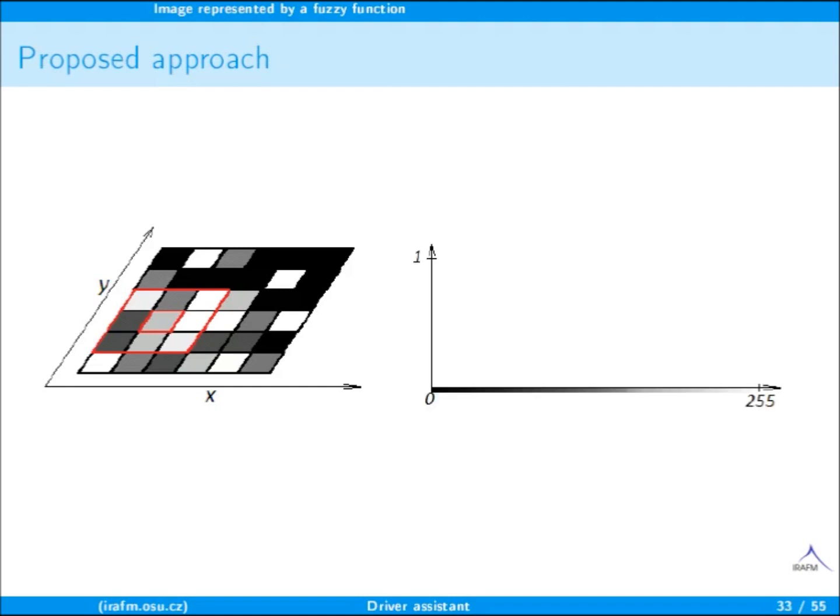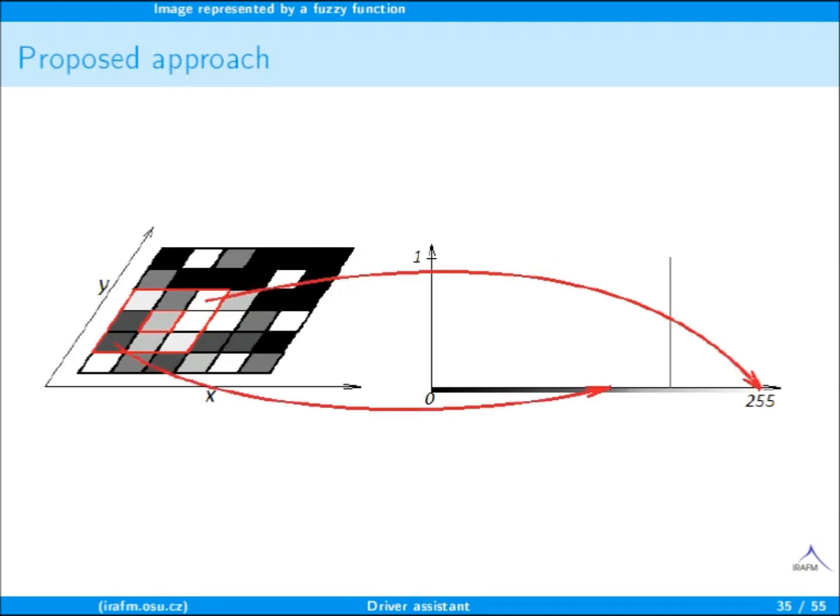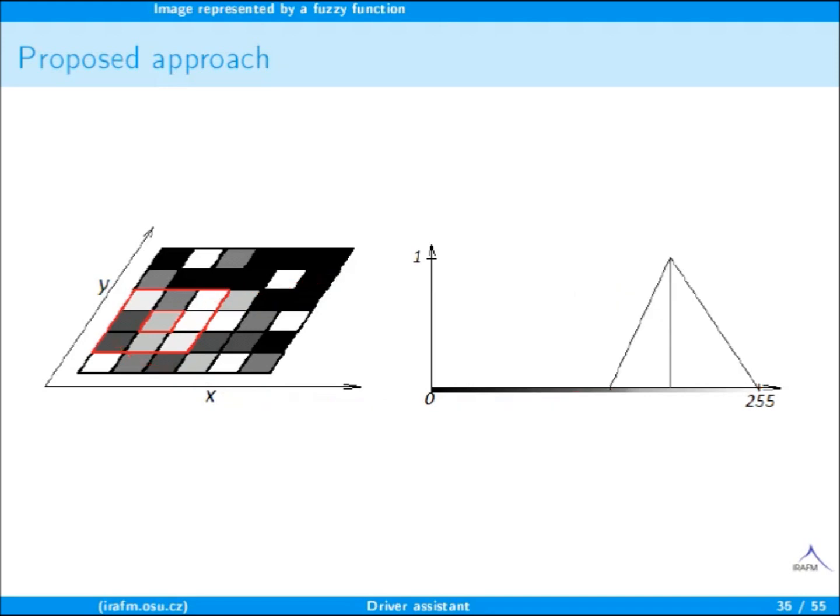Now we will construct the fuzzy set. Because we are processing the delta neighborhood for the center pixel, the pixel value has the maximum membership degree, 1. We then search for the minimum and the maximum pixel value and use them as the left and the right border of the fuzzy function. From that, we establish a fuzzy function with a triangular membership function.